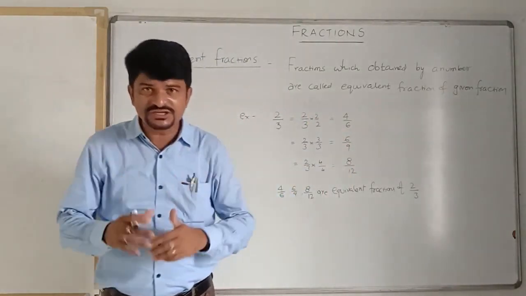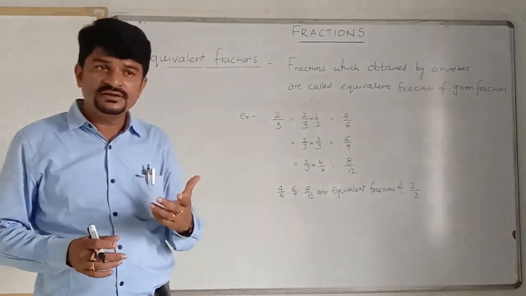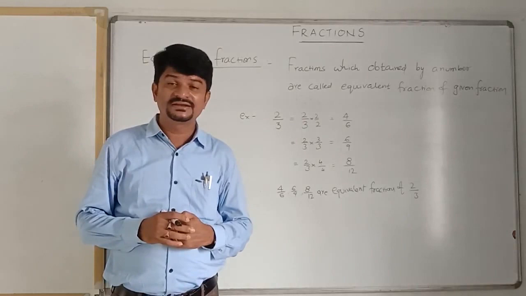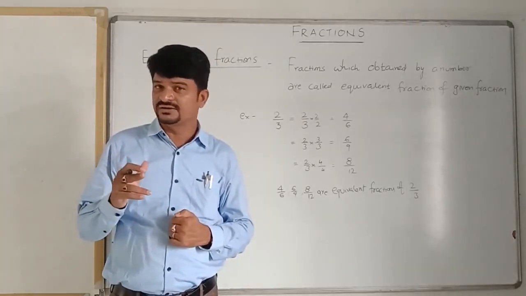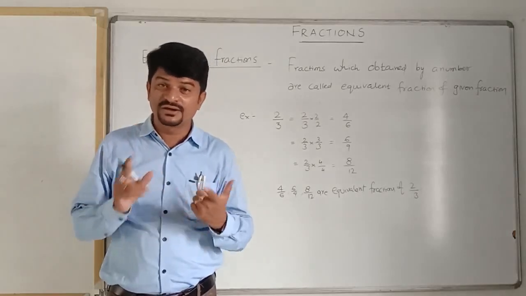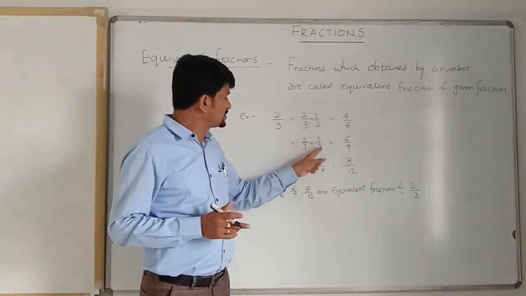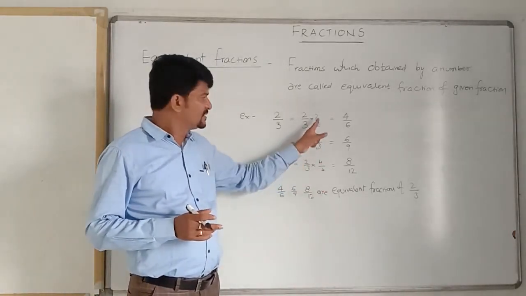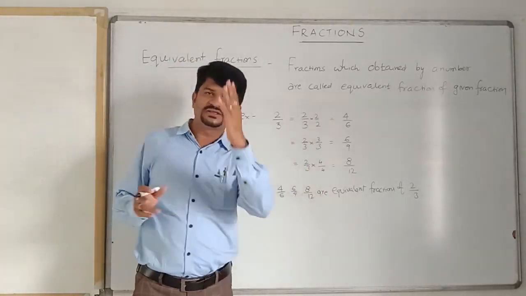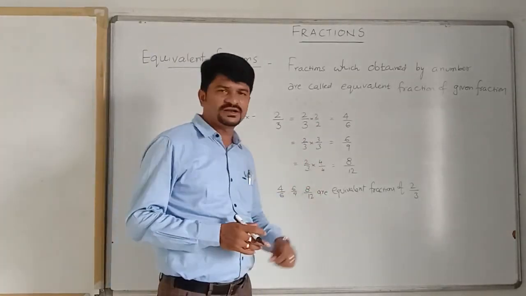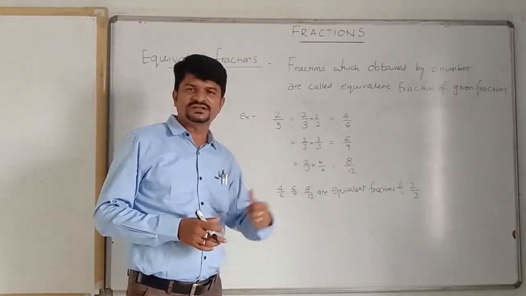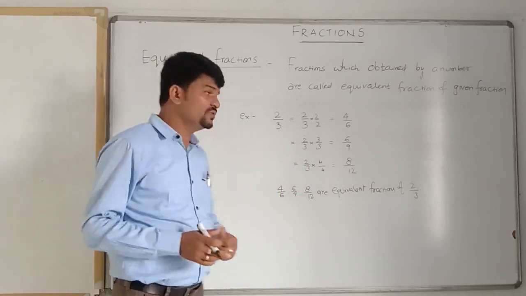Is there any restriction? Can't we write more than 3 equivalent fractions? Tell me, can we or can't we? Yes, we can, because numbers are infinite. 2, 3, 4, 5. If you multiply with 100, you will get 200 by 300. If you multiply with 200, you will get 400 by 600.